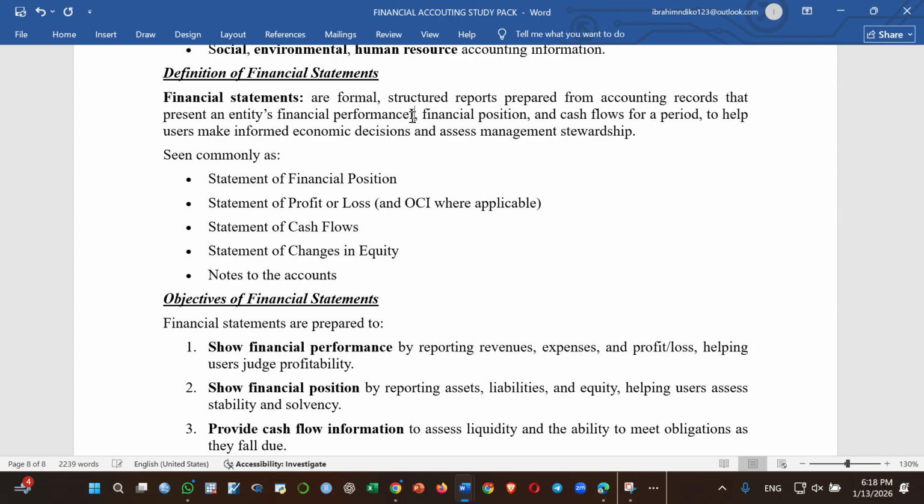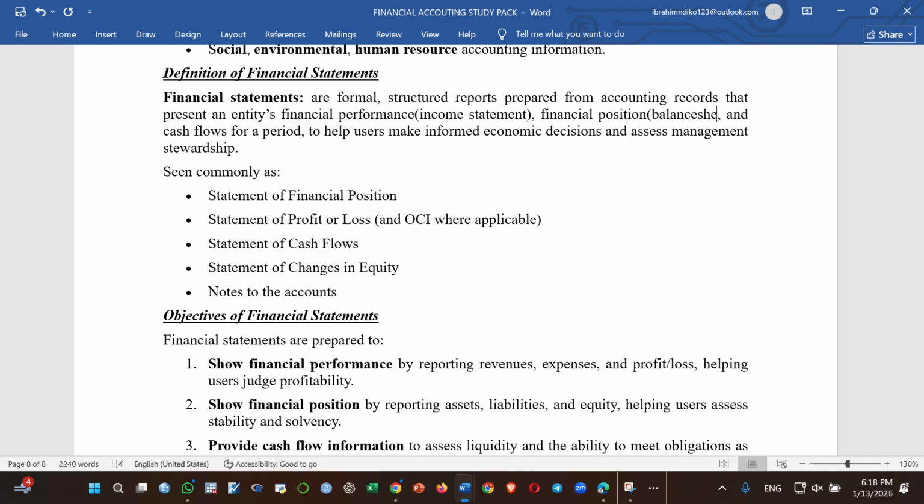And this one is the balance sheet. And remember, these are the financial statements. So we have different types of financial statements: the income statement, the balance sheet, and the cash flow statement.